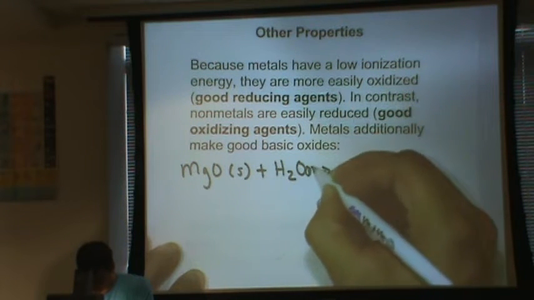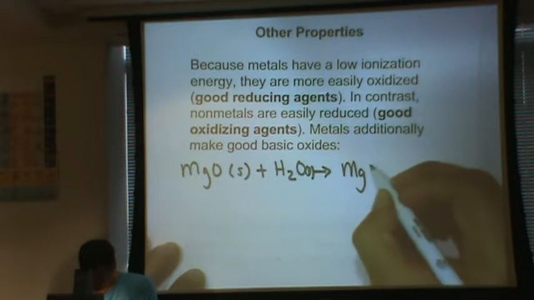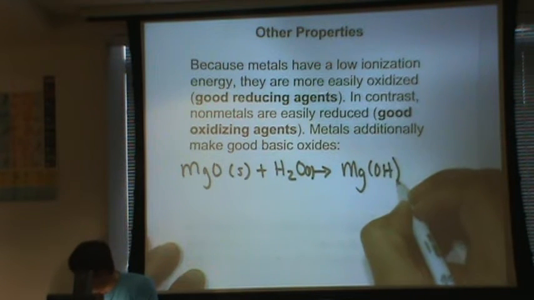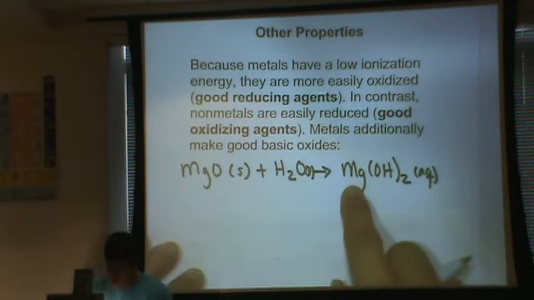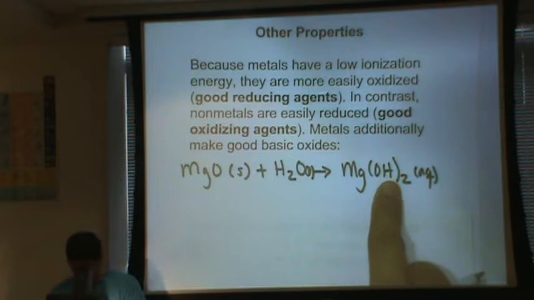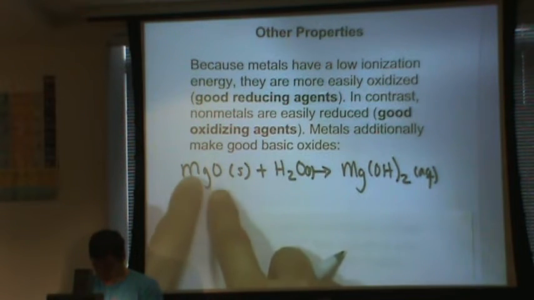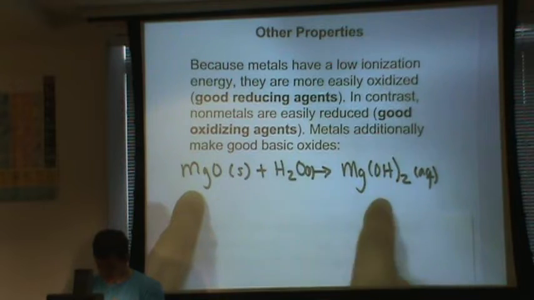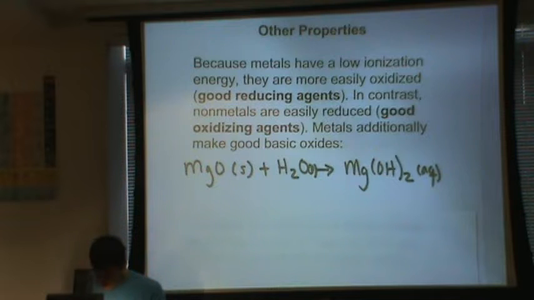This is liquid. It's going to make the basic magnesium hydroxide molecule. So magnesium has a charge of 2+, so it has to have 2 hydroxide molecules to balance out the charge. These metals make good bases because of this idea of low ionization energy. They make great basic oxides.